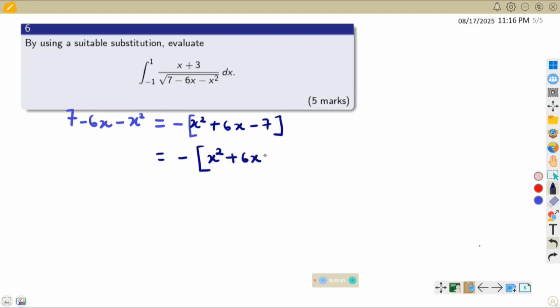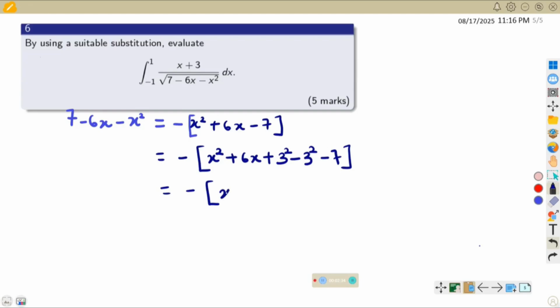When you're completing squares, you add the square of half the coefficient of x, which is 3 squared. You add and also subtract it, and minus 7. So we shall have negative. If you look at the first 3 terms, this is a perfect square.